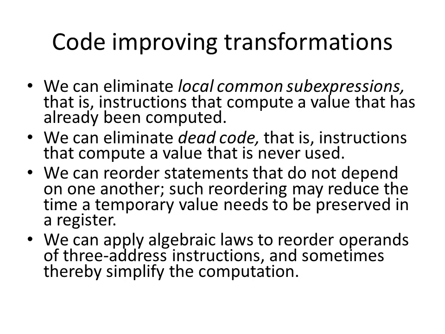Dead code, that is, instructions that compute a value that is never used, that is called dead code. We can reorder statements that do not depend on one another. Such reordering may reduce the time a temporary value needs to be preserved in a register. And finally, we can apply algebraic laws to reorder operands of 3 address instructions and sometimes thereby simplify the computation.